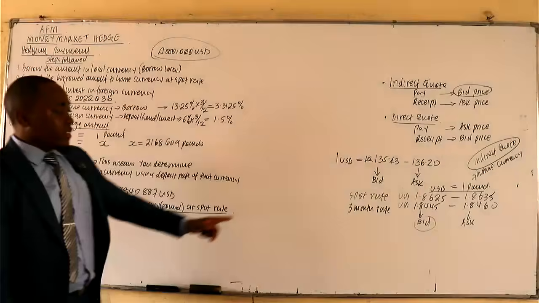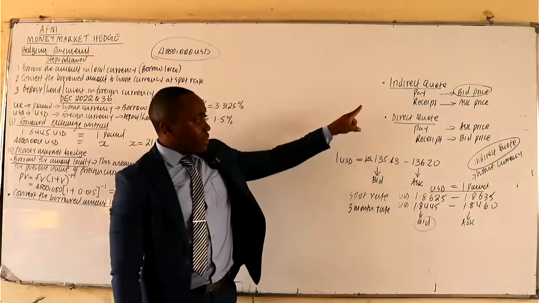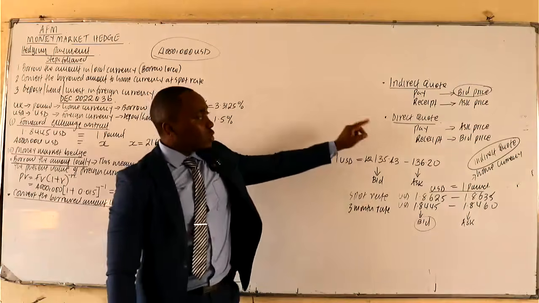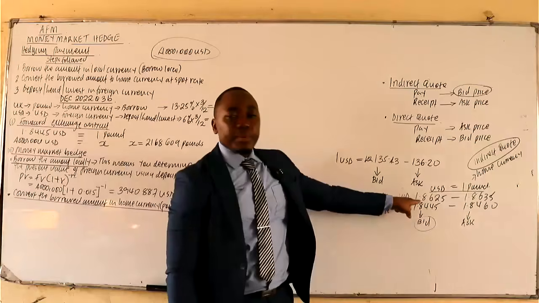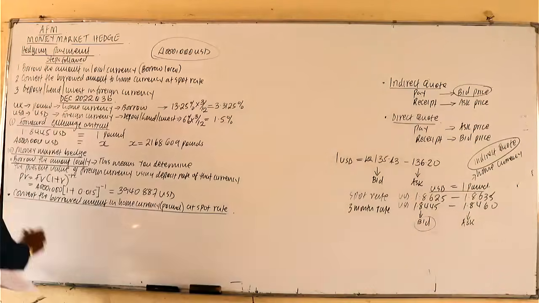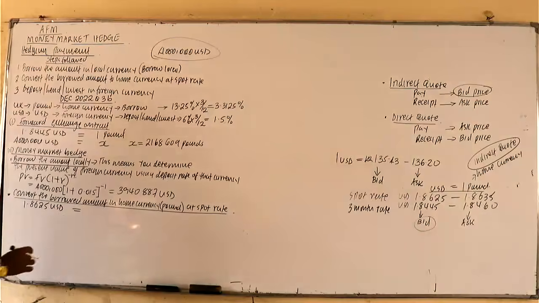And now this is the spot rate. Remember, we are hedging the payment, and it's an indirect quote. So therefore, we're using the bid price. Now here we have the spot rate, of which the bid price is 1.8625 USD equivalent to £1.